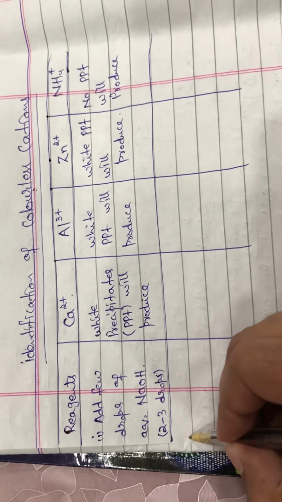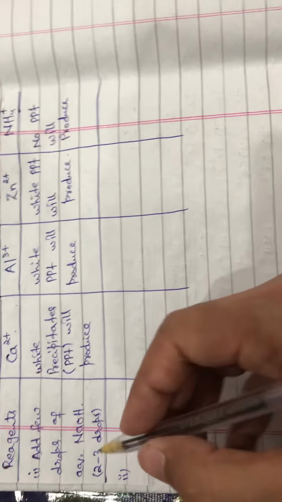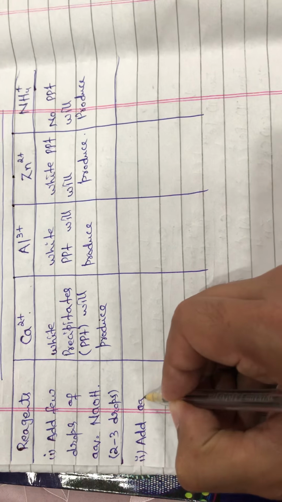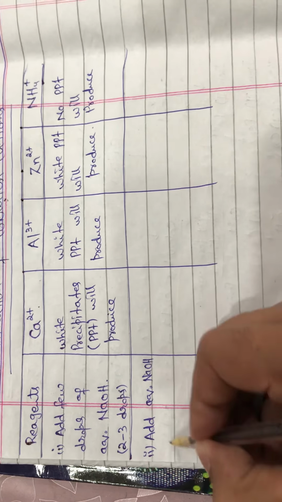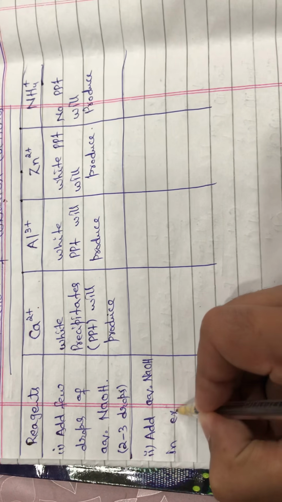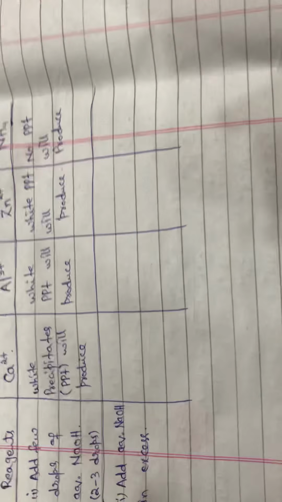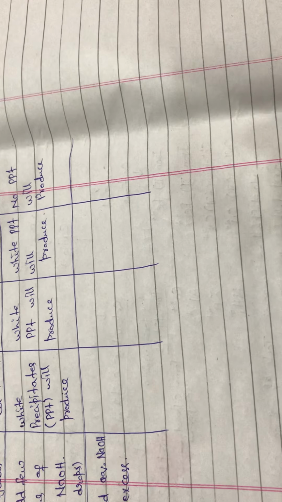Now for the second part, we add aqueous sodium hydroxide in excess. In excess means we will now add a larger amount, not in the form of drops.